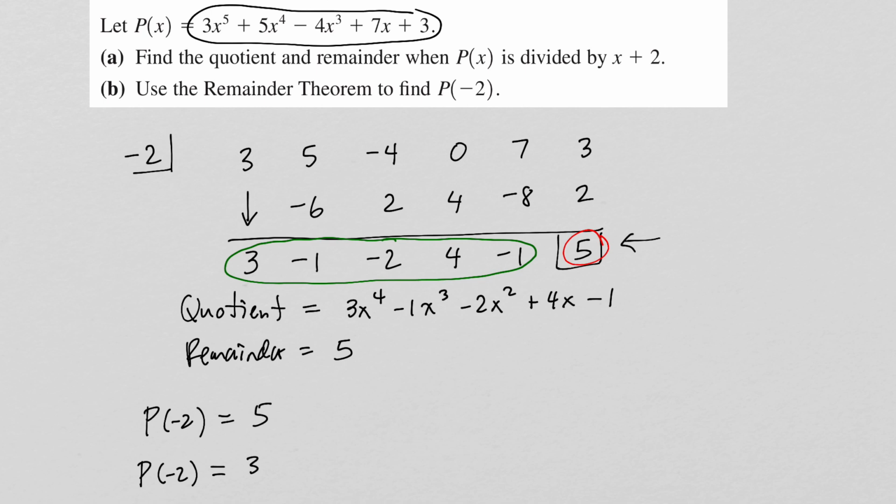So if you plug in negative 2, you're going to get 3 times negative 2 to the 5th power, plus 5 times negative 2 to the 4th power, minus 4 times negative 2 to the 3rd power, plus 7 times negative 2, plus 3.